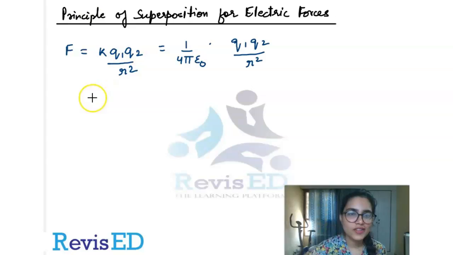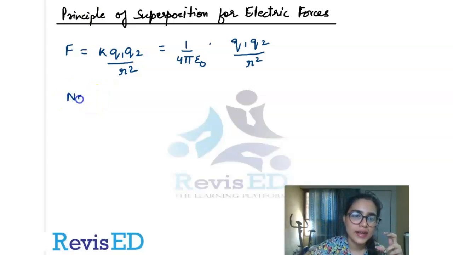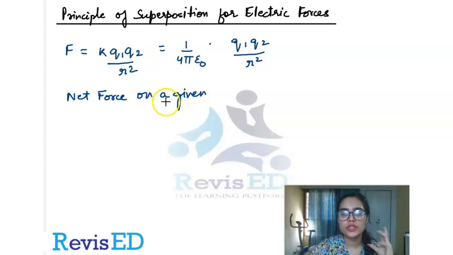Now let us talk about what the principle states. The net force on a given charge, we know that forces on charges are due to the presence of other charges.